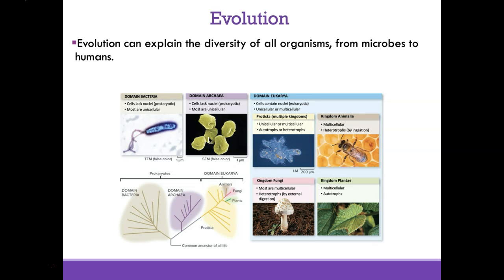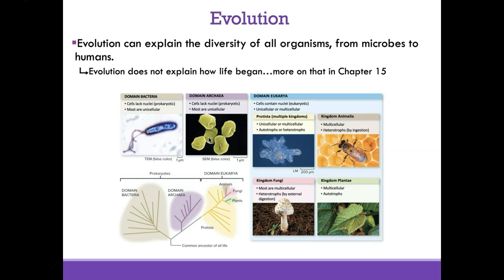Now, we finally understand, due to an abundance of evidence, that evolution can explain the presence of all organisms on Earth. What evolution does not explain is how life began. So we'll talk more about the origin of life in Chapter 15.